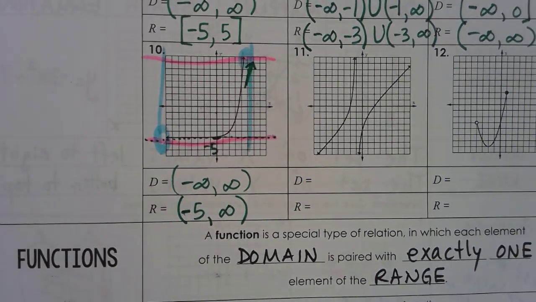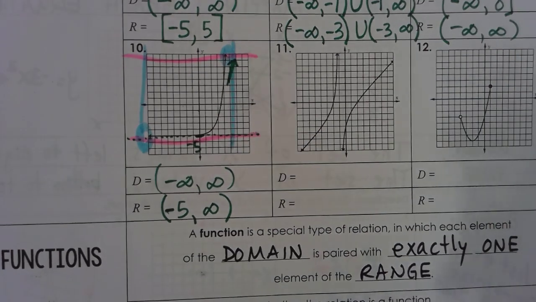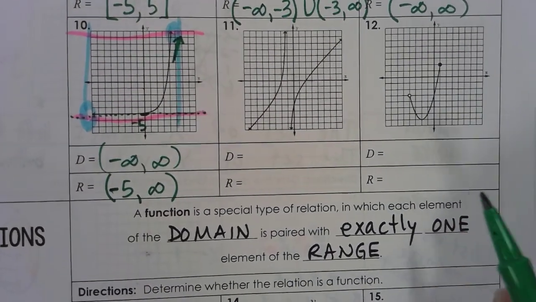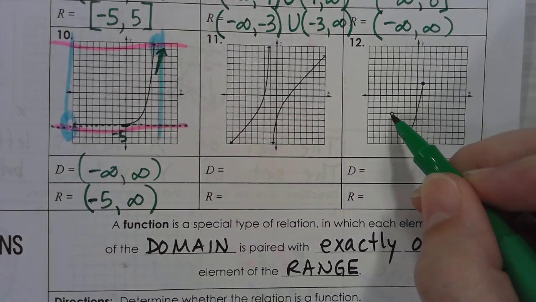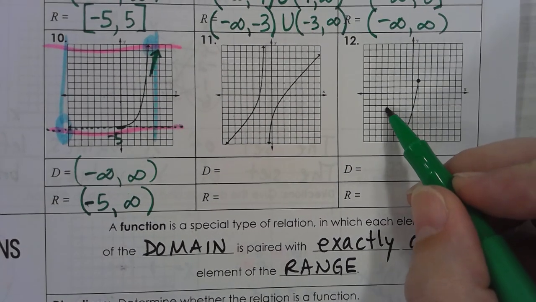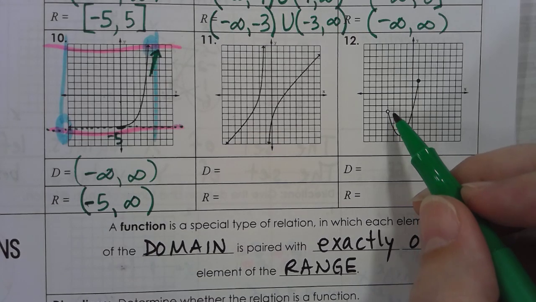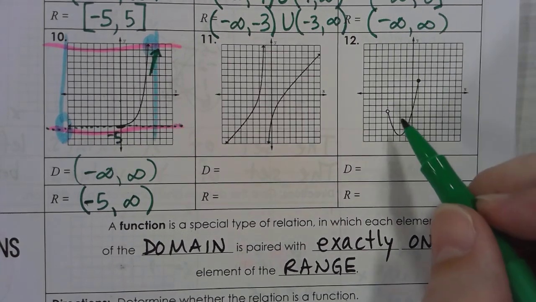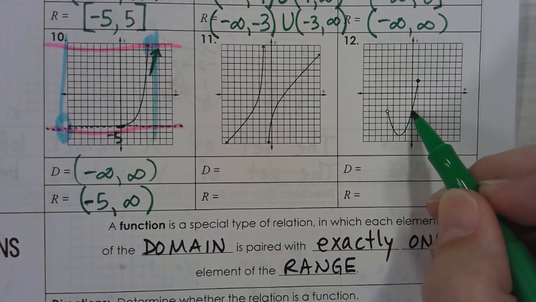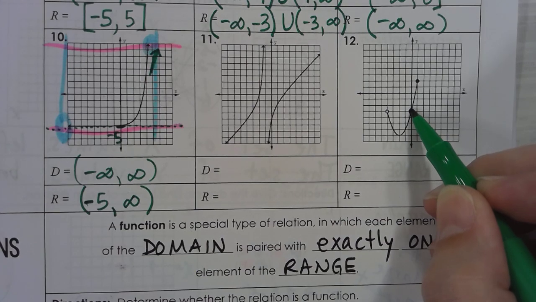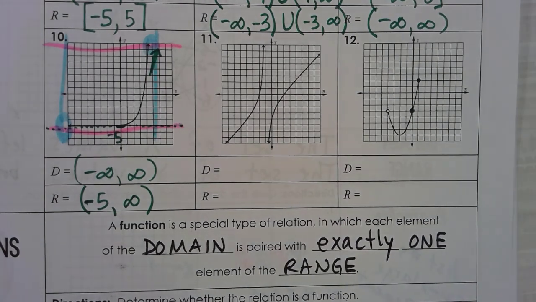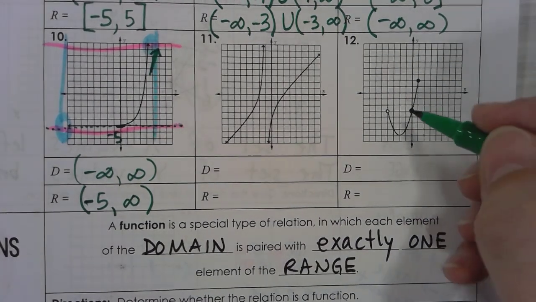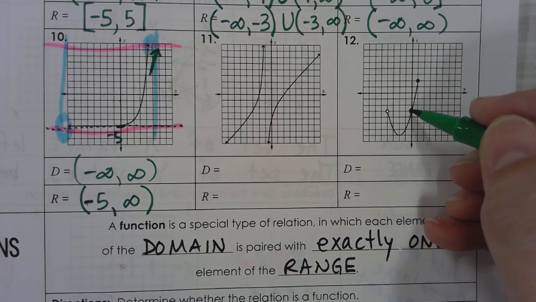Okay, I don't really want to talk about number 11, but I do want to talk about 12. So you see this open circle on the left here? That value is a hole, right? That's what we call it. But do you see this dot right here? If I were to put a point right there, do you see how it has the same y value?